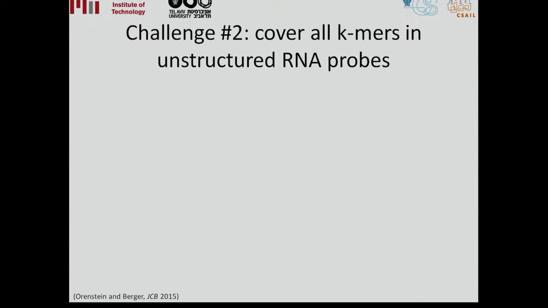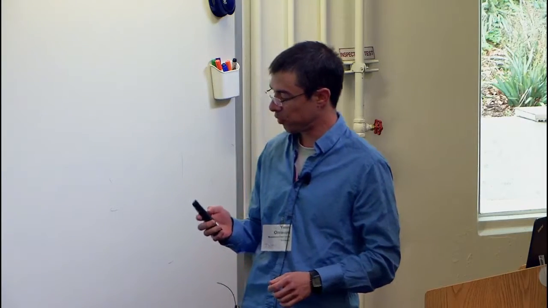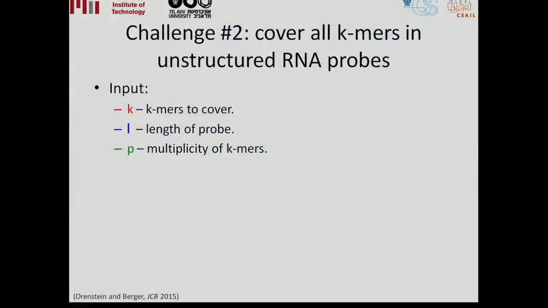Okay, so I'm going to present a solution to the second challenge, that is to cover all k-mers in unstructured RNA probes, and this was done together with Professor Berger from MIT. So first I'll give a formal definition of the problem, and the problem is defined based on 3 parameters. One is k, the value that you want to cover.